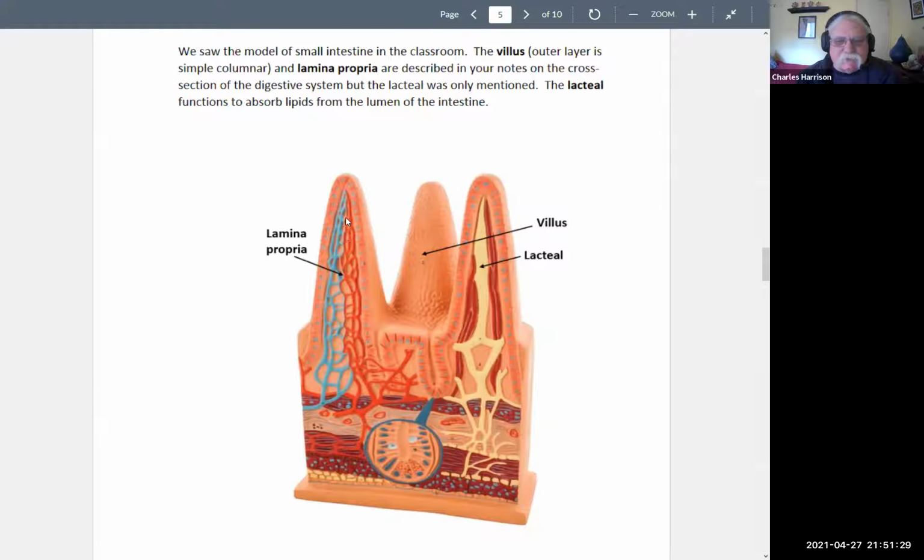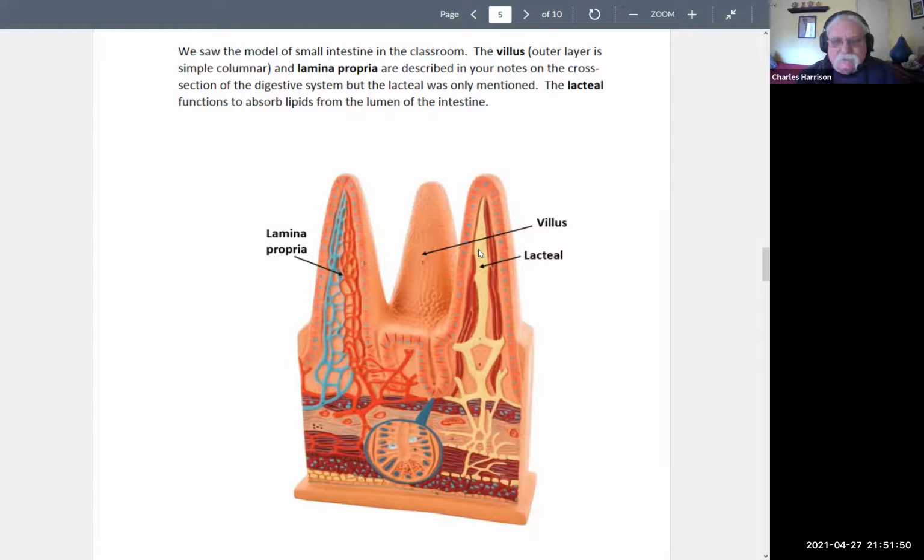Inside the middle of the villus is the lamina propria. These are the capillaries that absorb nutrients from the lumen of the small intestine. And in each villus, there's also a lacteal.